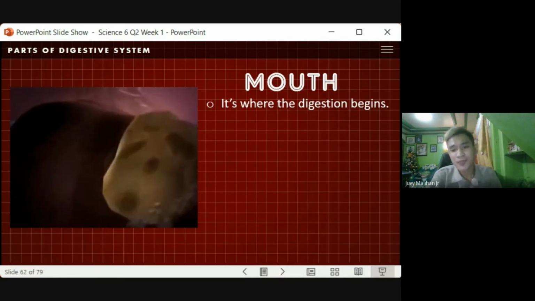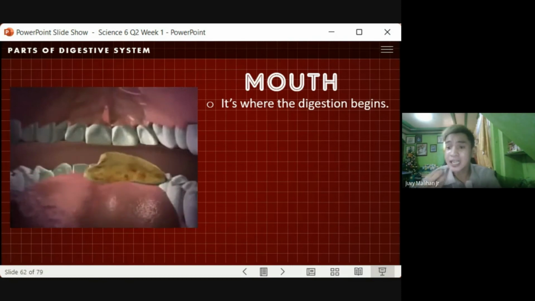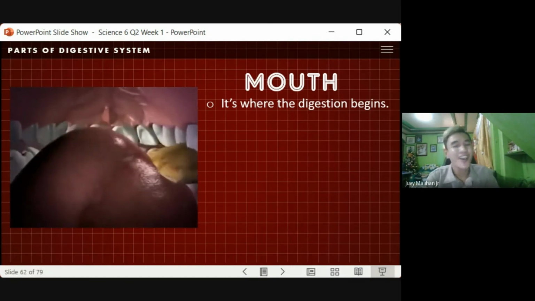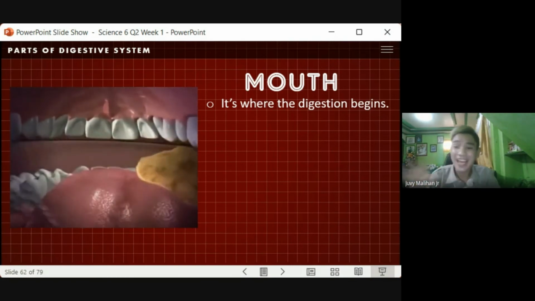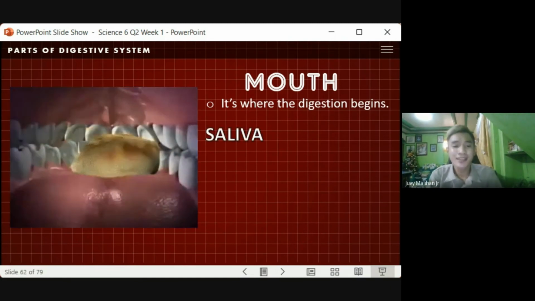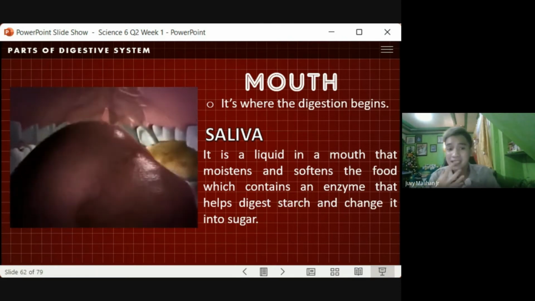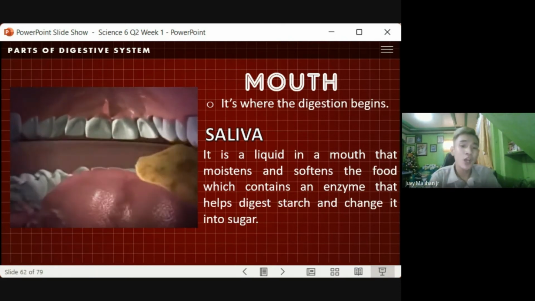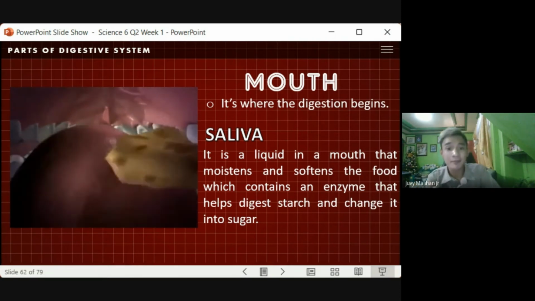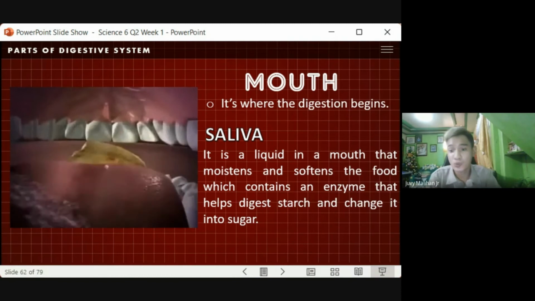Now, anong kailangan natin para mas madaling matunaw ang mga pagkaing nginunguya natin? Very good. So it's the saliva or the laway. This saliva, class, is a liquid in the mouth that moistens and softens the food, which contains an enzyme that helps digest starch and change it into sugar.